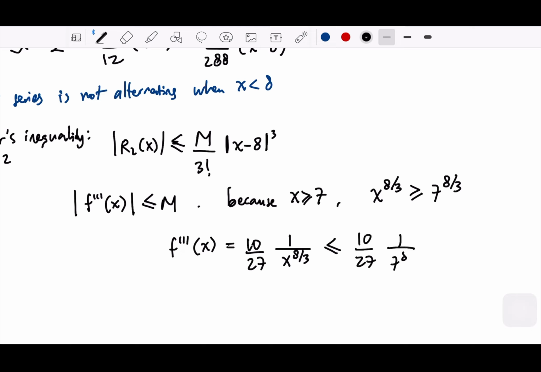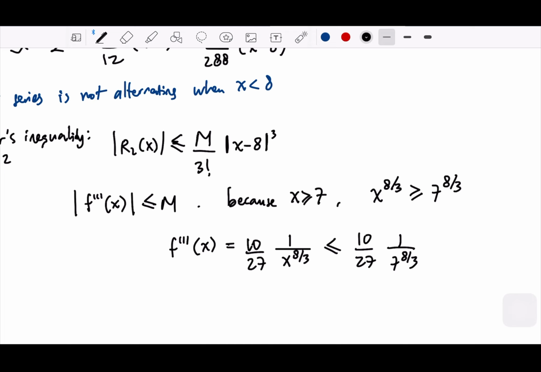Okay. So actually what we did here is basically we need to make some assumptions, right? What M should we have? The best way to choose this M is by looking at the third derivative of the function. The third derivative should not be greater than the number M here.